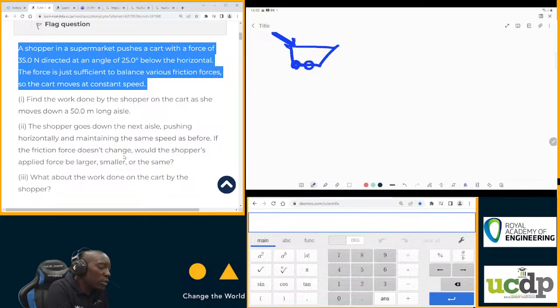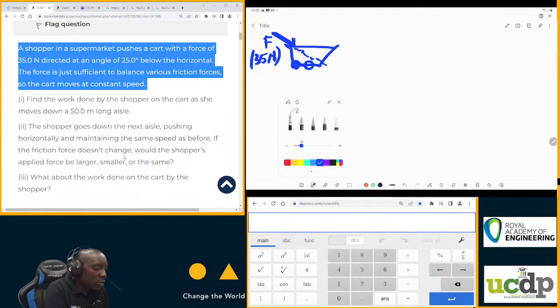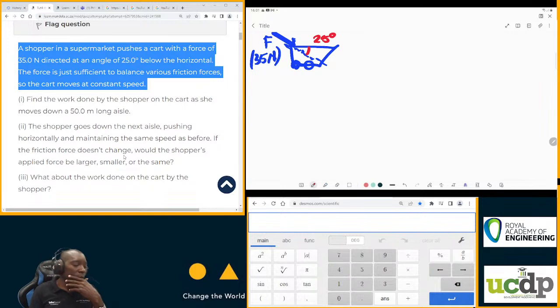That's the force, and it's 35 newtons, and the angle there would be 25 degrees. So the angle of application is 25 degrees below the horizontal, as given there.